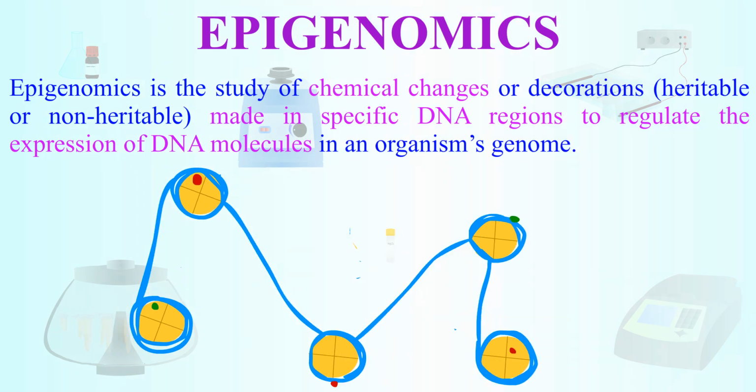Epigenomics is the study of chemical changes or decorations made in specific DNA regions to regulate the expression of DNA molecules in an organism's genome. And yes, these decorations are sometimes heritable or are temporary.